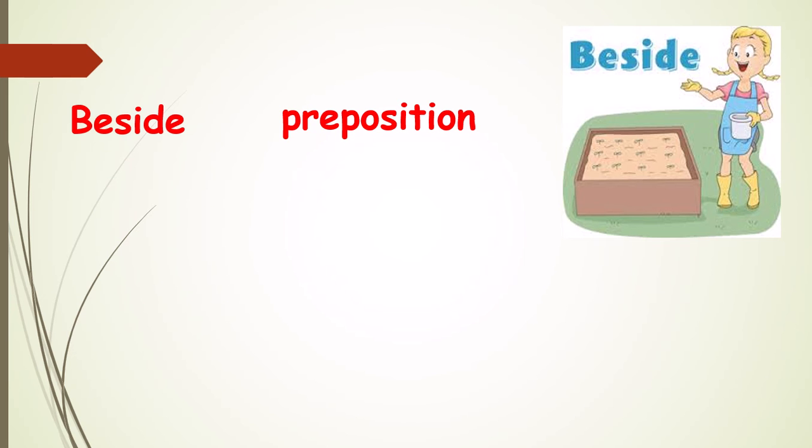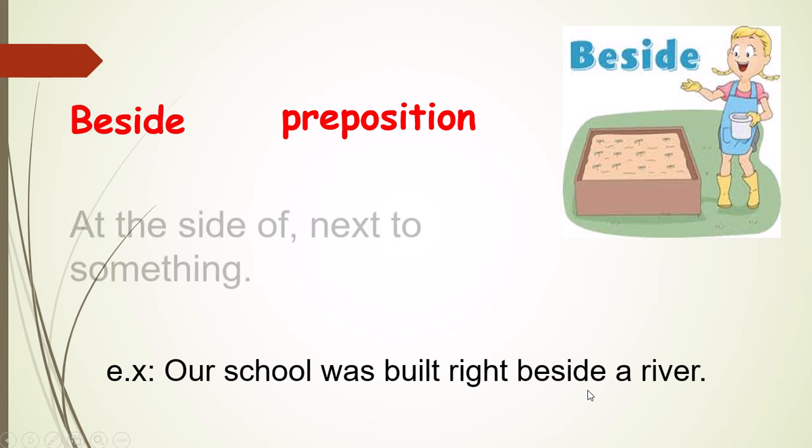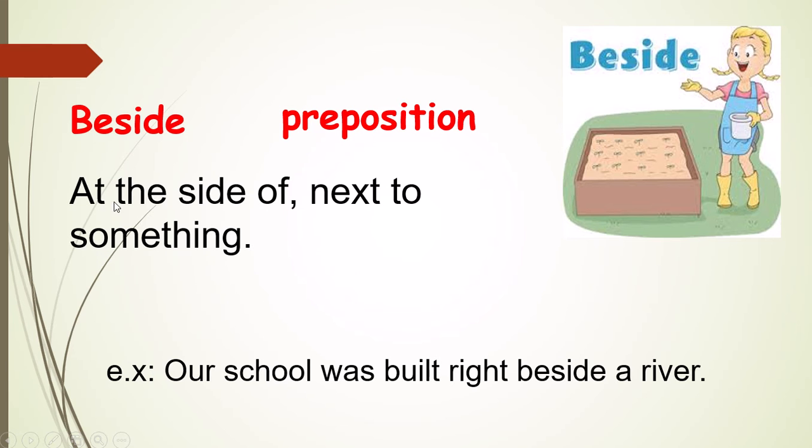No, it's a preposition. Let's see the example: Our school was built right beside a river. Let's see the meaning of beside: at the side of or next to something.